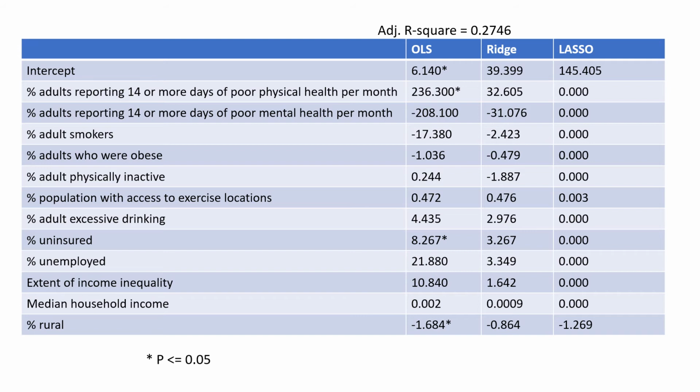The betas, or the estimates for the betas, were shrunk in ridge regression, and irrelevant betas were reduced or shrunk to 0 in LASSO.